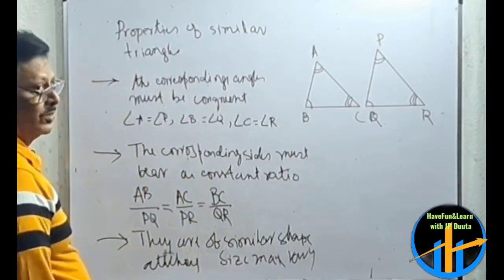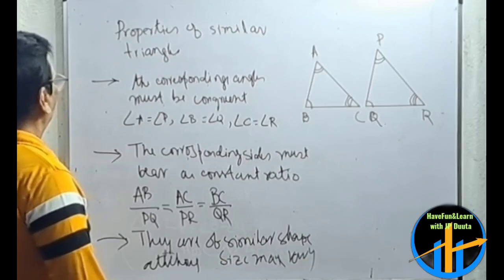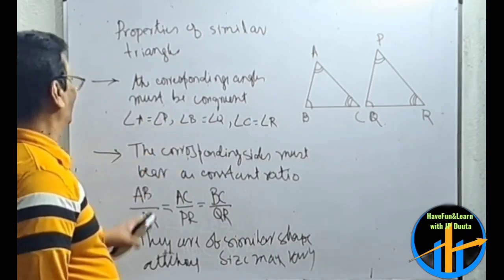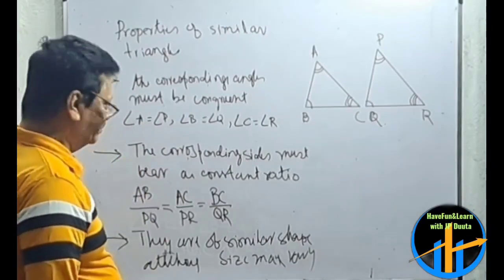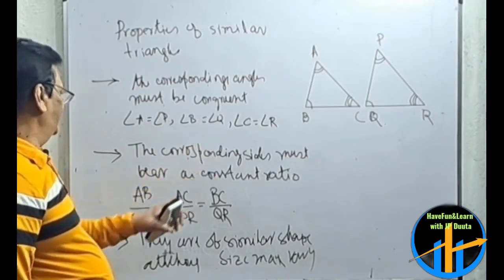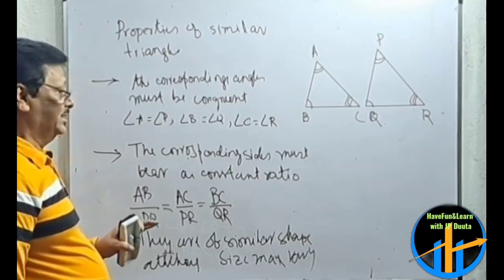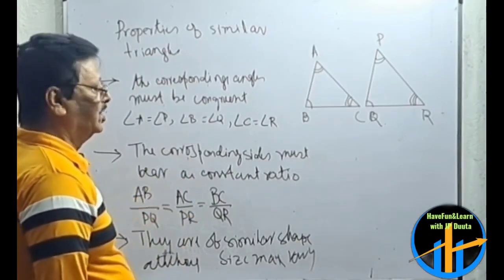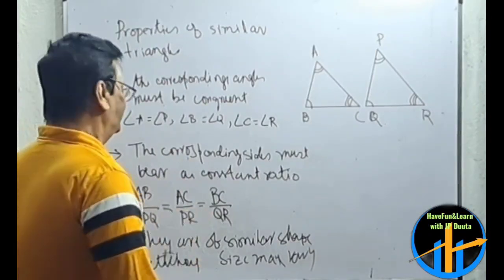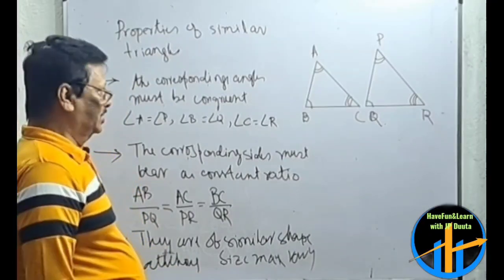So what are the properties? The corresponding angles must be congruent, the corresponding sides must bear a constant ratio, and the two shapes should be similar but may differ in size.